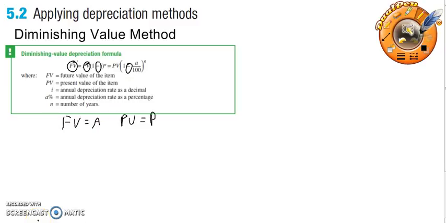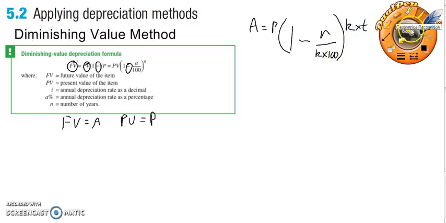So when we look at using the compound interest formula rather than this, we have amount equals principal, 1 take R over K times 100, to the power of K times T. So the only thing which has changed is that instead of plus in the middle, we now have subtract.